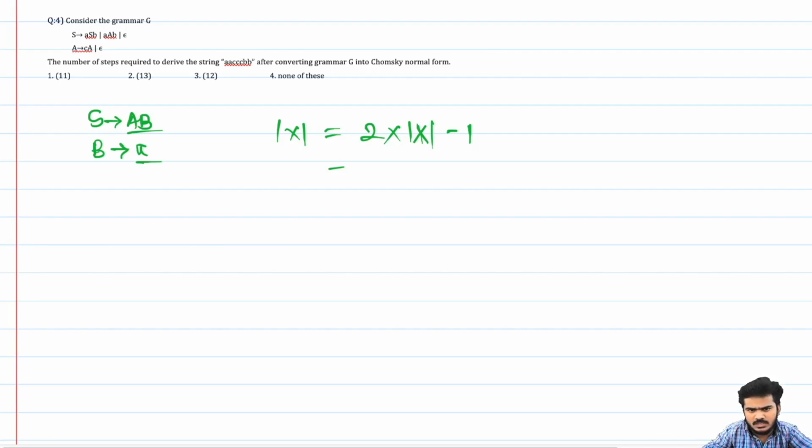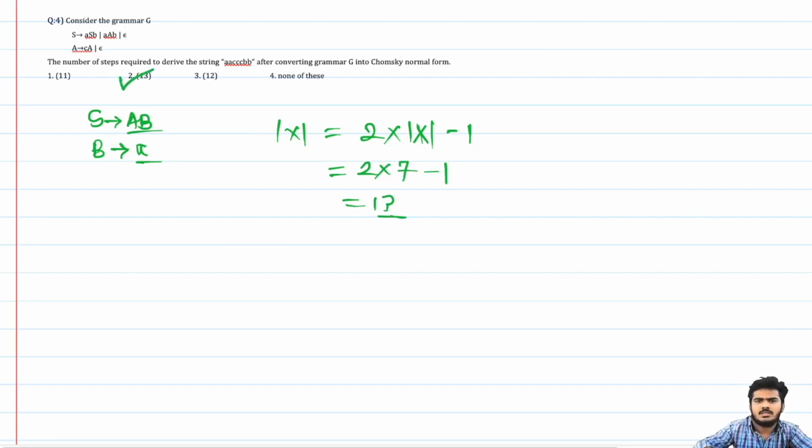We have 2 A's, 3 C's and 2 B's, that is 7. So it will become 2 into 7 minus 1, that is 14 minus 1, that is 13. So the correct answer for this question is 13.